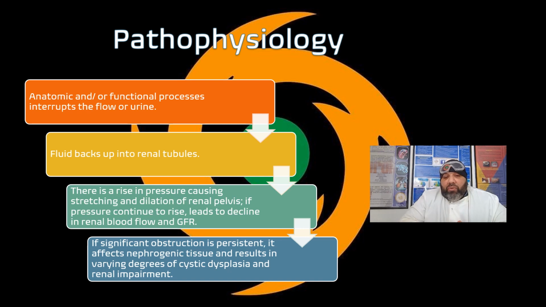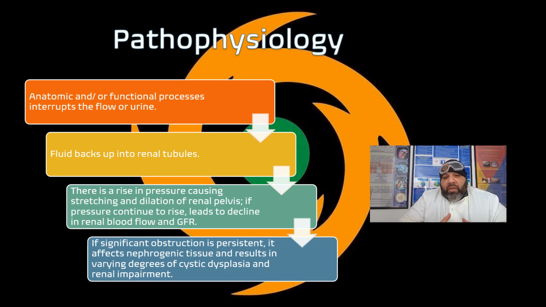In relating to VUR, the pathophysiology around hydronephrosis can also occur where there's fluid reflux back into the renal tubules, and there is a rise in pressure causing stretching and dilatation of the renal pelvis.